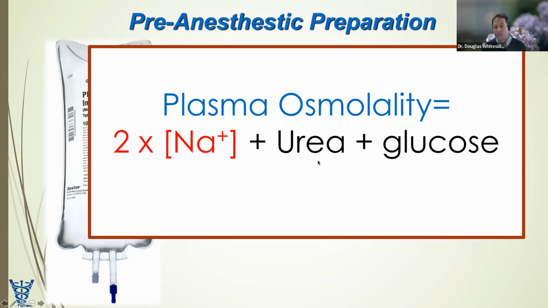Most amphibian species tend to be urea excreting as their primary nitrogenous waste product. Once again, they tend to have very low urea levels. So the quick and dirty way is I look at the species and look at the sodium concentration for that species or the next closely related species, and just 2 times the sodium is our plasma osmolality.